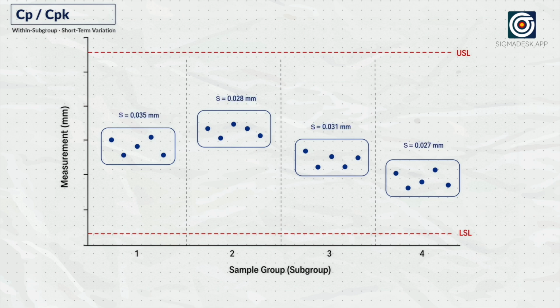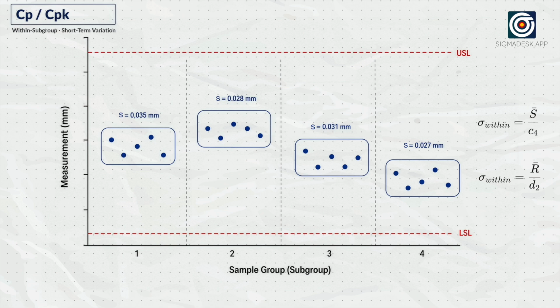We take the average range across the subgroups and convert it into a sigma estimate using the S-bar over C4 method, where S-bar is the average of the standard deviations of the subgroups, provides an estimate of the within-process standard deviation. For small subgroup sizes like 5, the R-bar over D2 method may also be used to estimate sigma within.